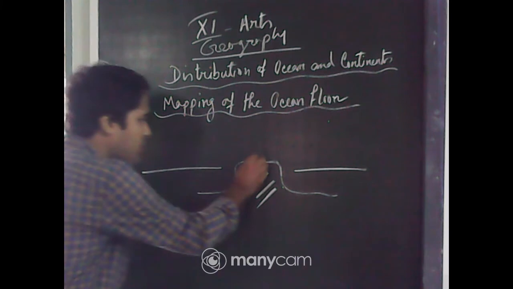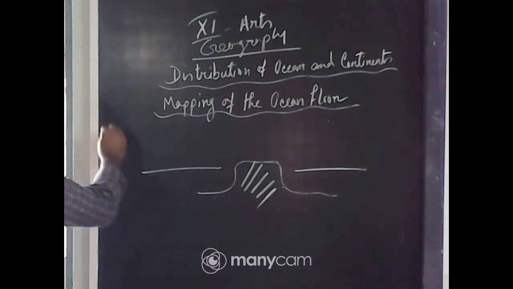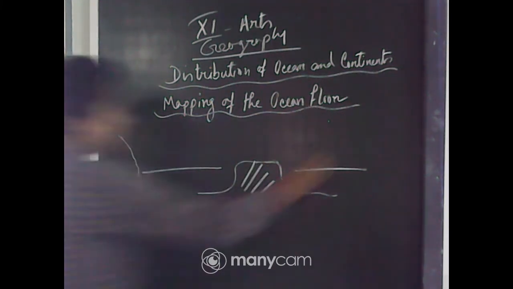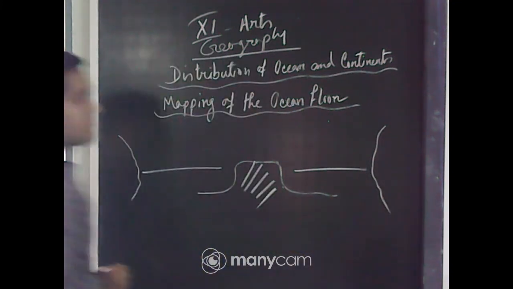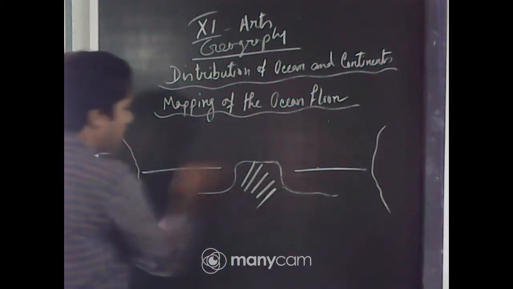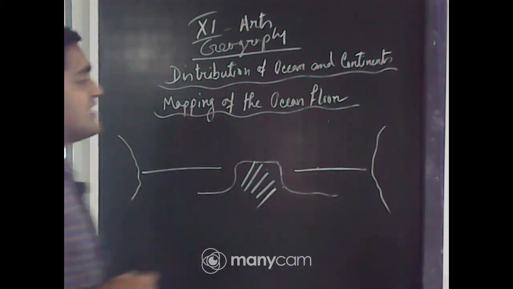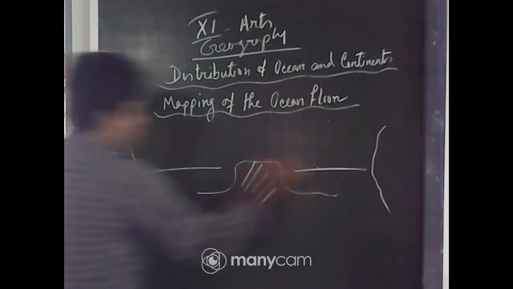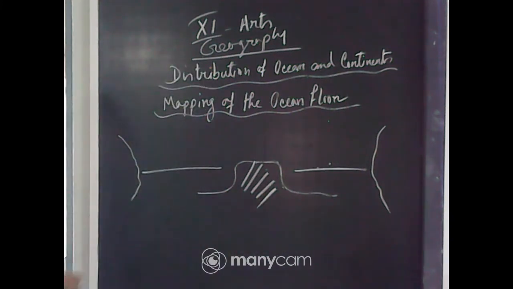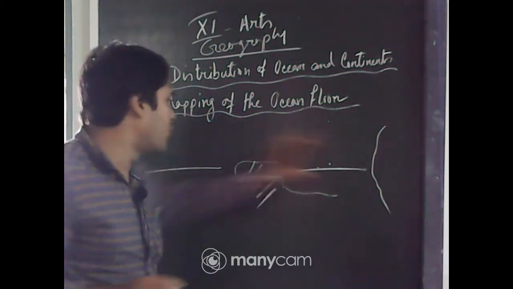This is the middle portion of the ocean. Suppose this is a sea beach, this is also a sea beach. So, both sides of mid-oceanic ridge, they are having the same age group and same constituents, that means same configuration. Same type of components are also found.